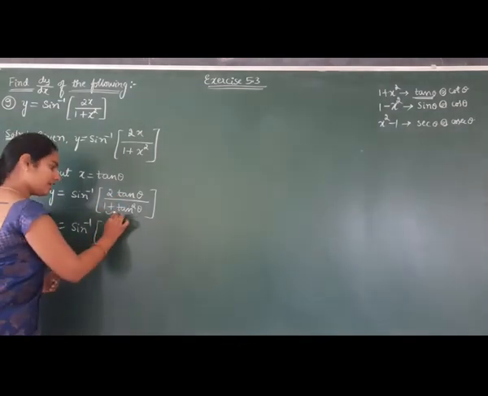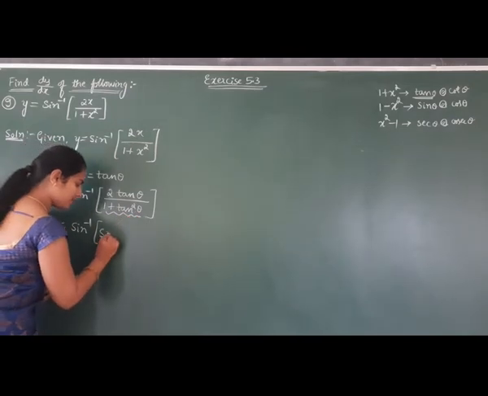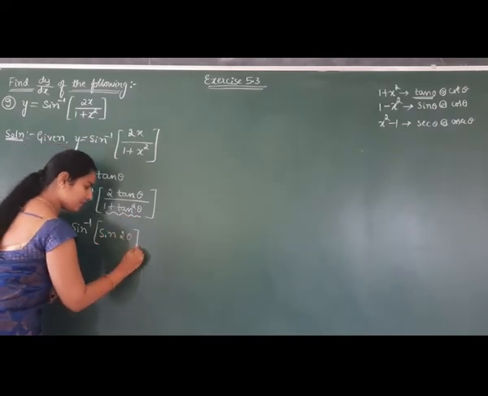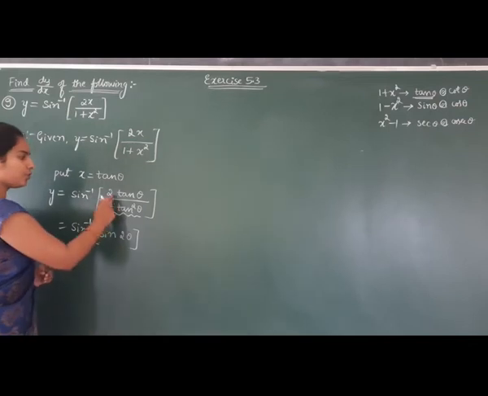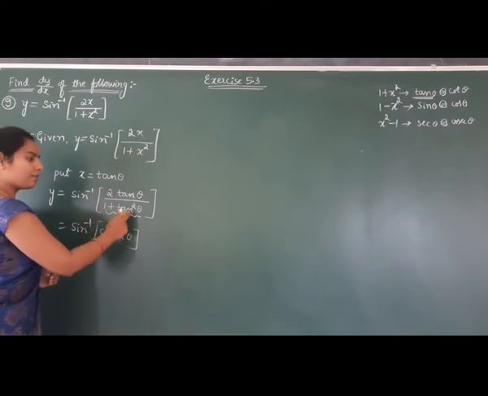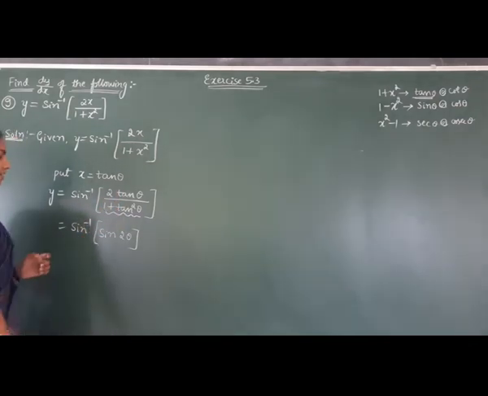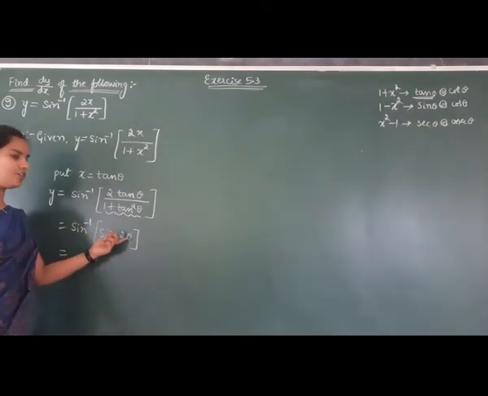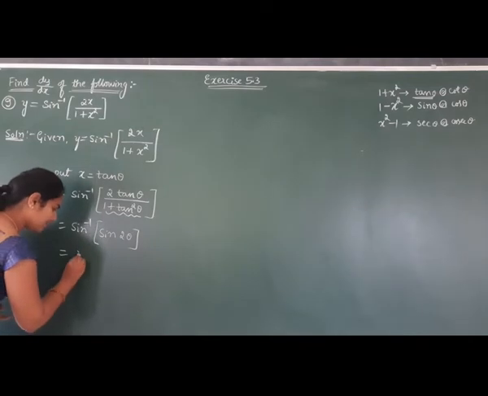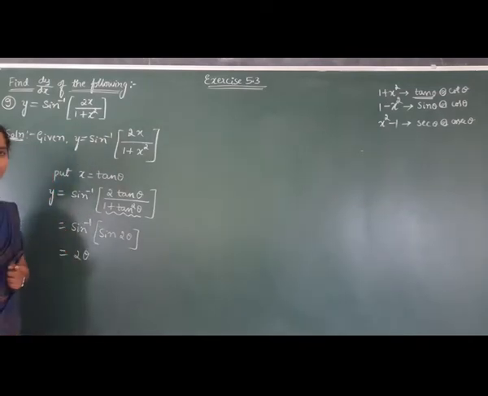This is equal to sin 2 theta, right? We all know that sin 2 theta is equal to 2 tan theta divided by 1 plus tan square theta. Then sin inverse of sin of an angle is equal to the angle, that is 2 theta. Okay? So y is equal to 2 theta.